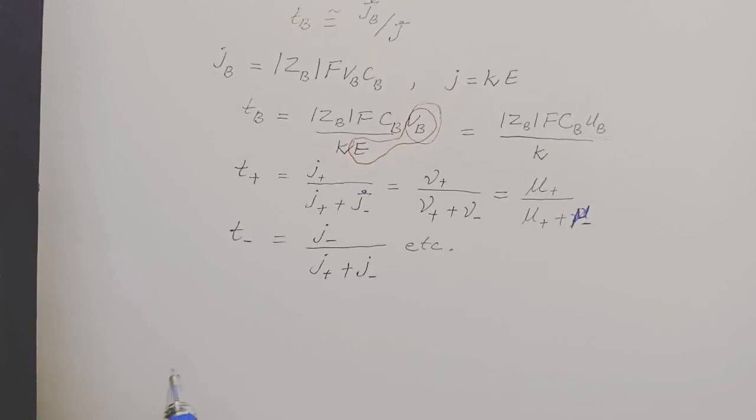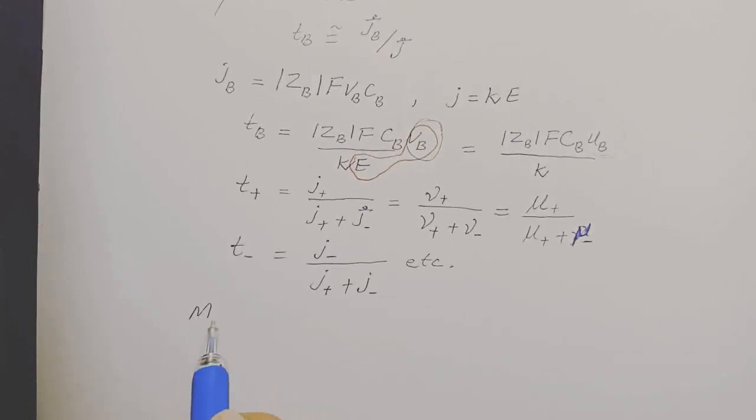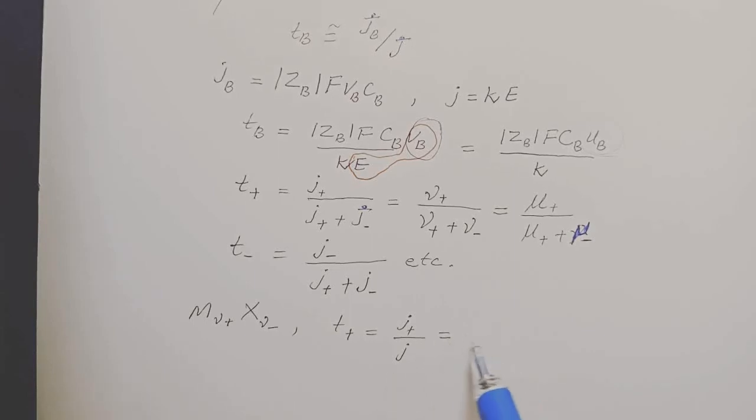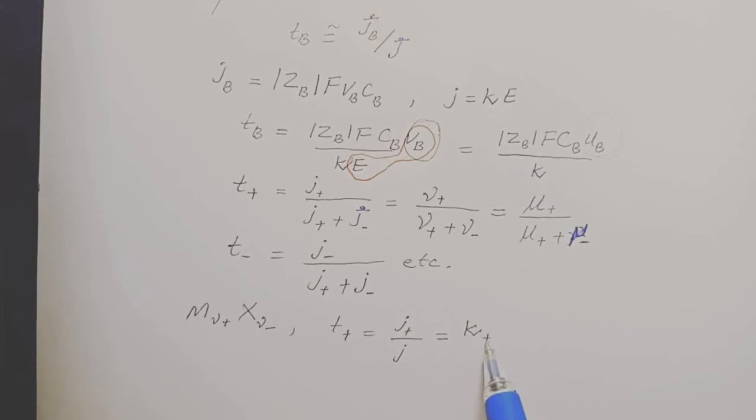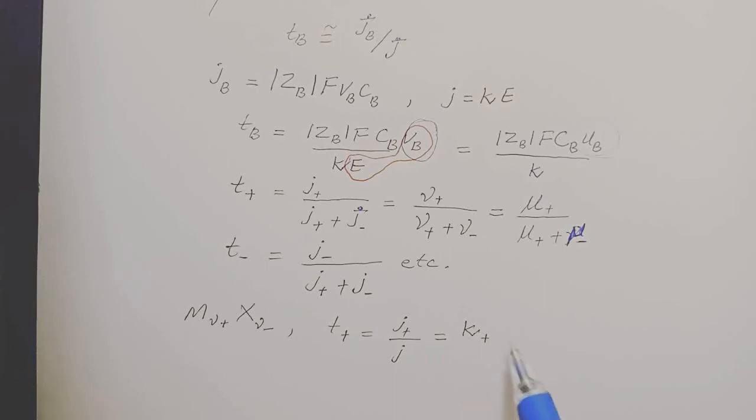For example, for a strong electrolyte, again taking an example of the M v plus X v minus type of electrolyte, the transport number for the positively charged species is written as the current density contributed by this species over total current density, that will be equal to the specific conductivity contributed by this species into the electric field strength over total conductivity into electric field strength, that is again equal to the specific conductivity of the ion over the total conductivity of the solution.